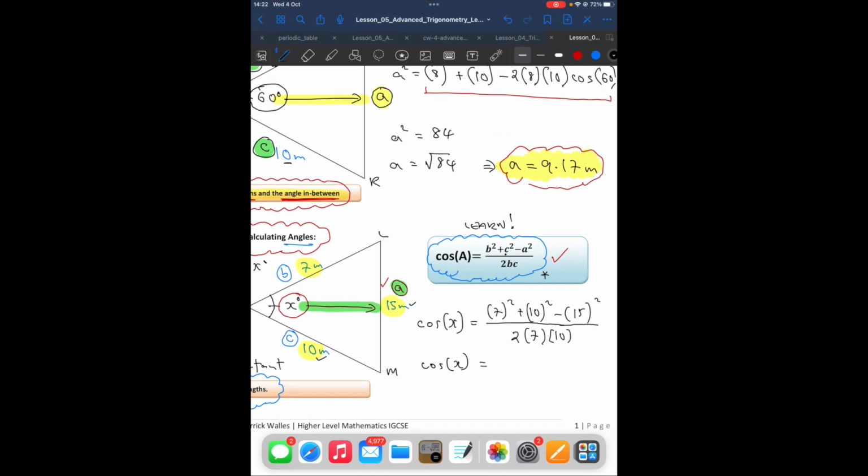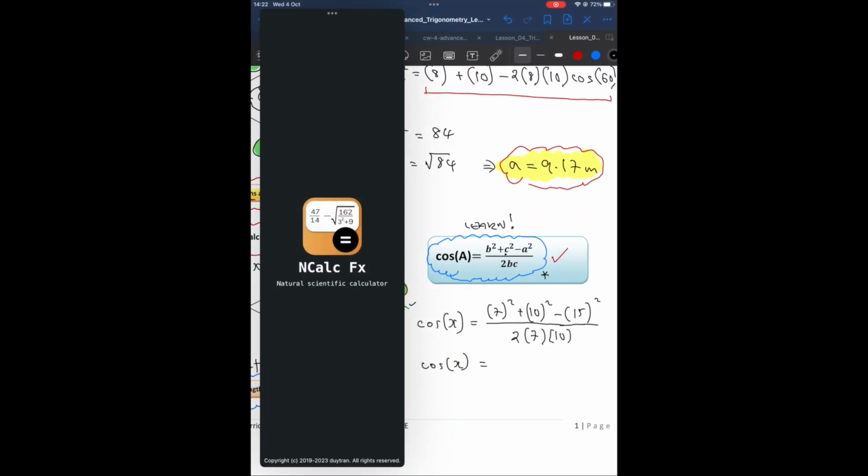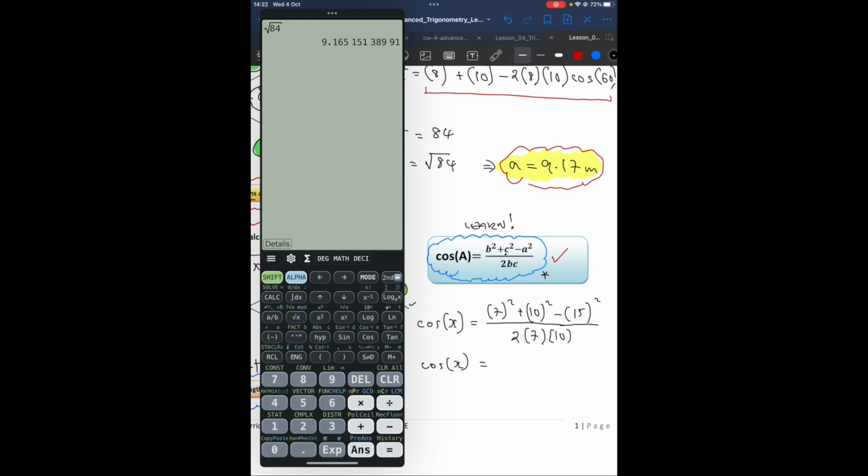equals, I'm going to bring the calculator up, and on the top, well, I need to enter a fraction, so I'm going to press the fraction button first, and then I'm going to enter the top, open a bracket, 7, close bracket squared, plus, and then open bracket 10 squared, minus 15 in a bracket squared.